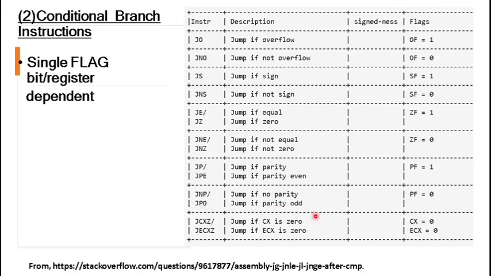Coming to the CX register, we have the instruction JCXZ, which performs a jump if CX is 0. So these are the variants of conditional jump instructions which perform a jump taking into consideration the status of bits in the flags register as well as the condition of the CX register, that is the count register.